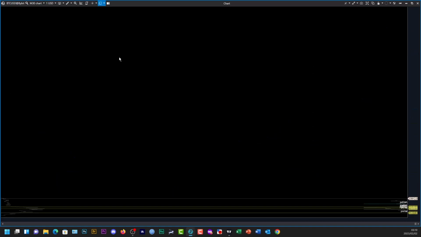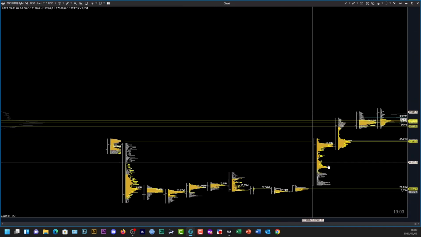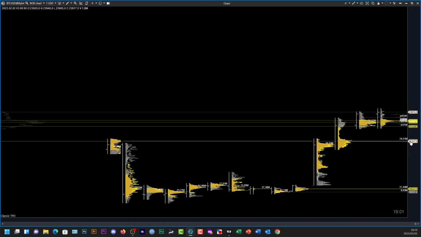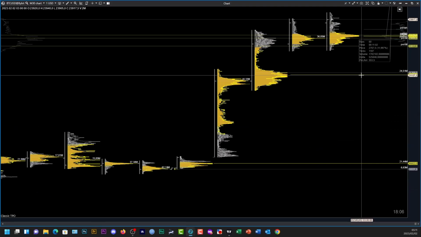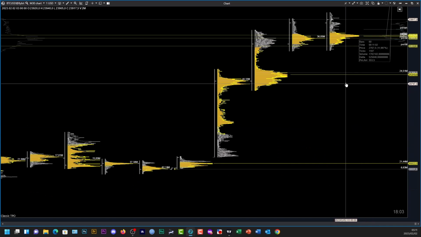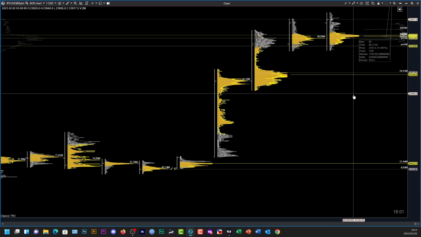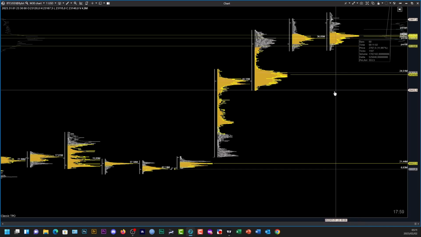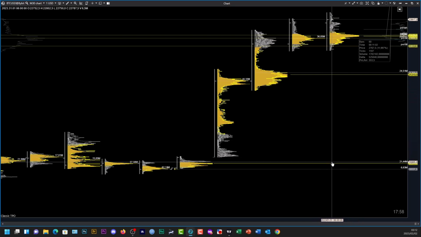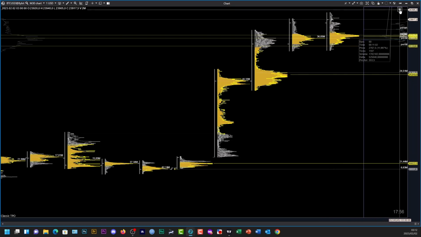Then I'll go across and do the same for the weekly, and I'll look for naked points of control in the weekly. Here is one here at 21,300, and here's another one down here much lower, so I'll make a note of that.